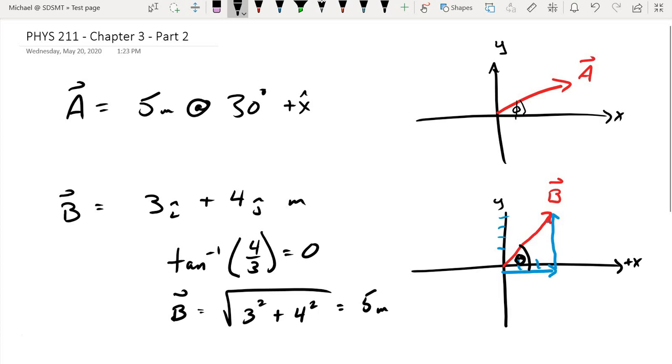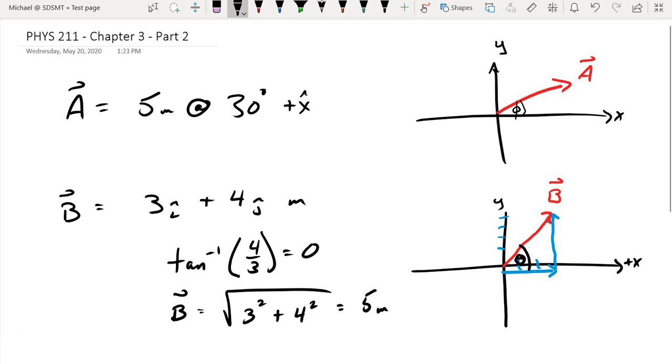And if we plug in the values from vector B into our calculator to figure out what that angle is, we need inverse tangent of 4/3. Whoops, I don't think I entered that into my calculator correctly. One more moment.